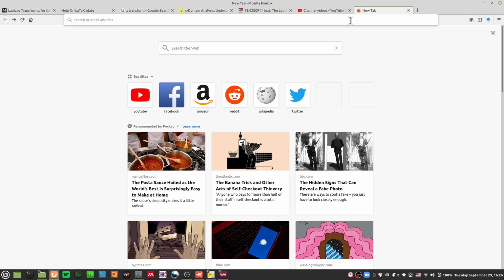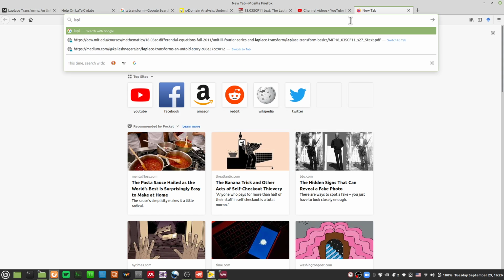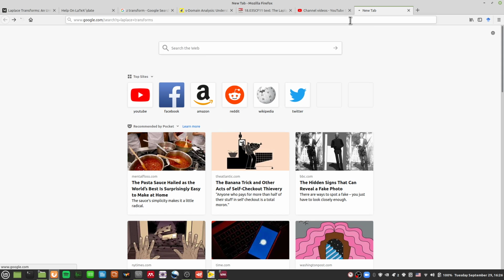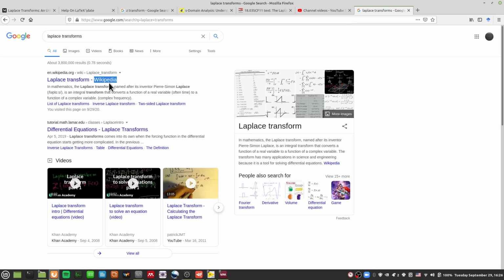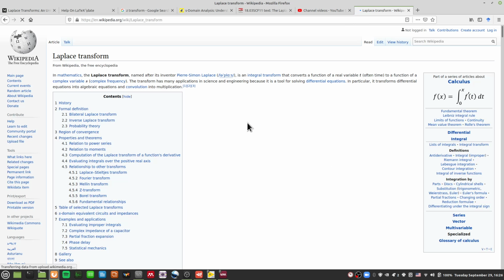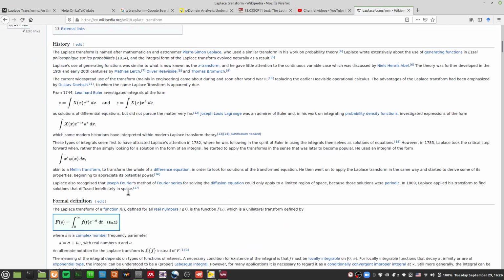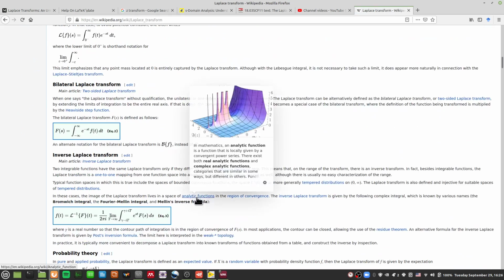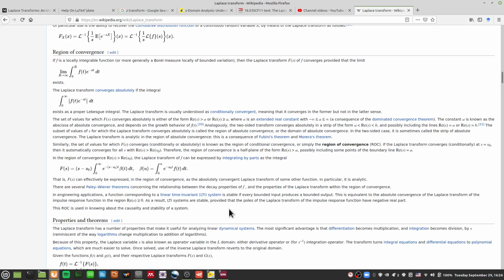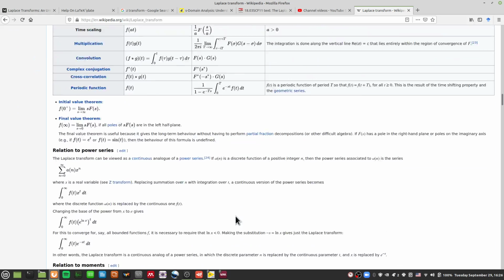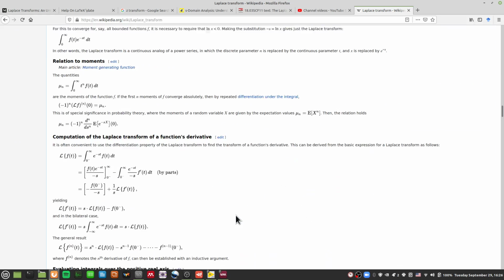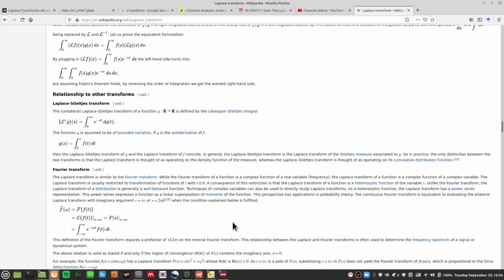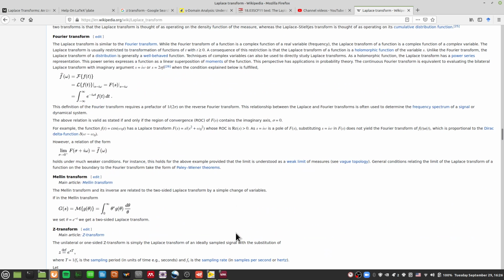Let's say you search Laplace transforms and you go to Wikipedia. Wikipedia will tell you that s equals sigma plus omega, where s is actually some complex number.